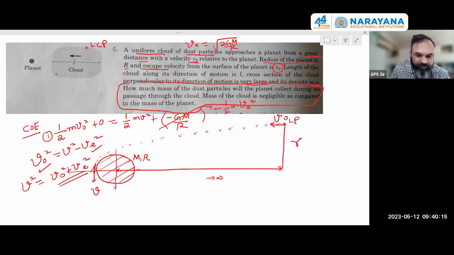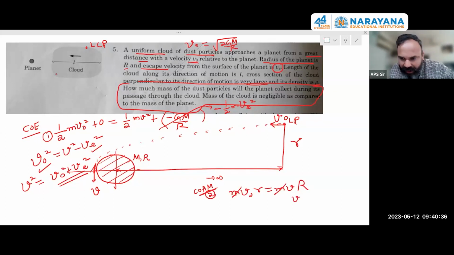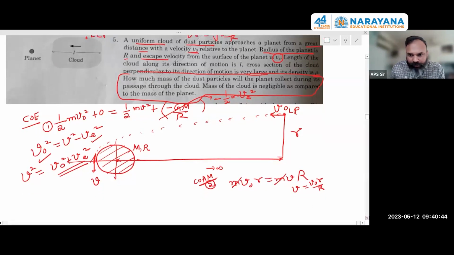So I got this. Now I could have directly said that by conservation of angular momentum, m v0 into small r is m v into capital R, where m cancels. So I get my v as v0 small r by capital R. Simple. Now I had to find r.